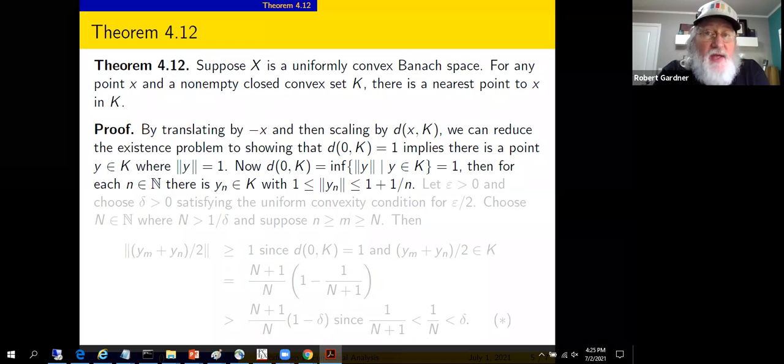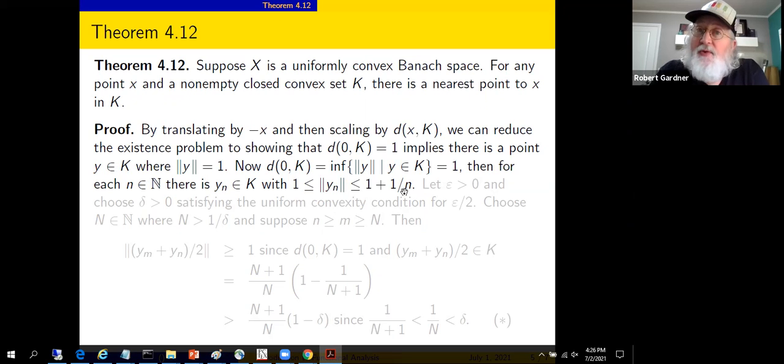So by a property of infima, if we look at a quantity a little bit bigger than 1, so for any natural number n, consider 1 and 1 plus 1 over n. This is bigger than 1, but not much bigger than 1, not when n is large. We know by properties of the infima of a set, there are elements of the set between 1 and 1 plus 1 over n. If the infimum is 1, you go a little bit bigger, you'll find elements of the set.